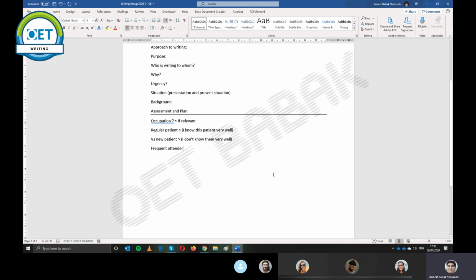Now, a frequent attender, well, we don't actually use that often because the letter could be seen by the patient too, and the patients wouldn't like that if they see it's a frequent attender. But if you are really fed up with the patient, you can say, well, we have a frequent attender who would like a second opinion. It means that he's putting so much pressure on me, and I just don't know what to do with him.